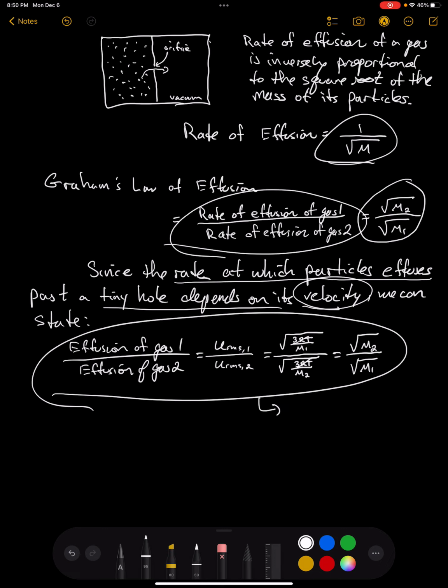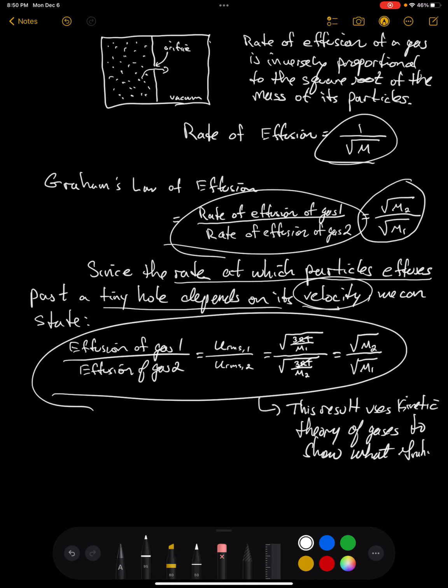And so why is this important? Because this result uses the kinetic theory of gases to show what Graham had experimentally observed.